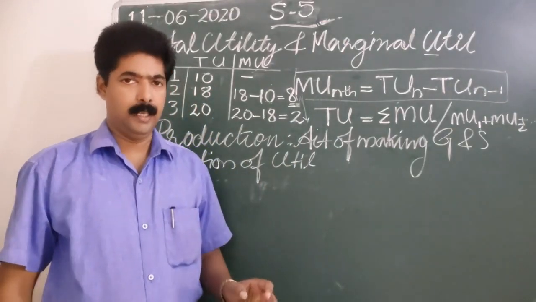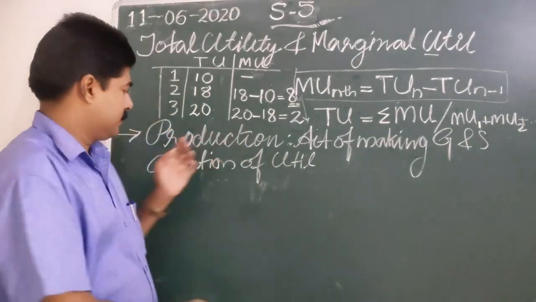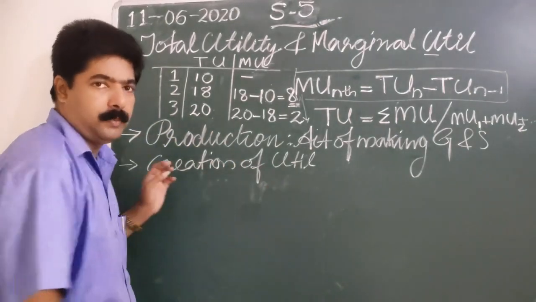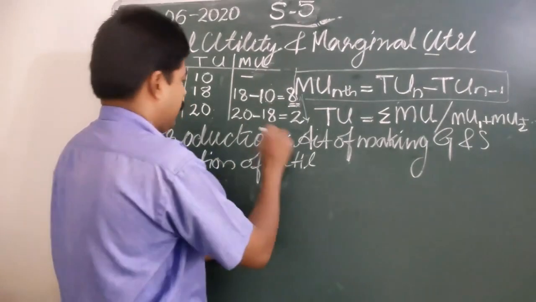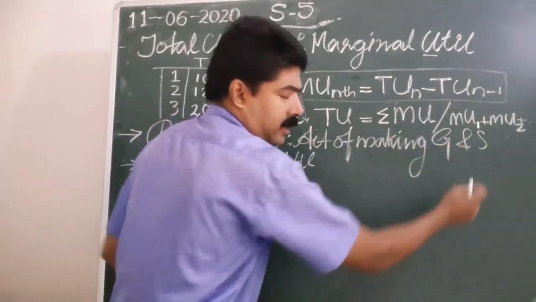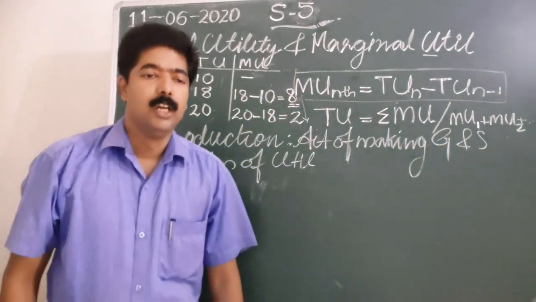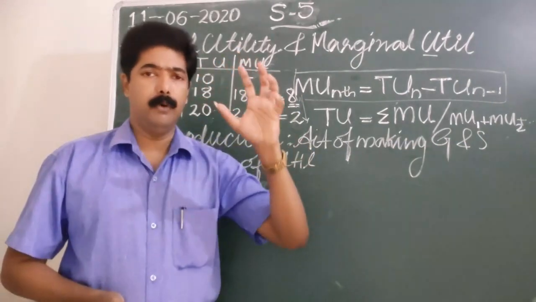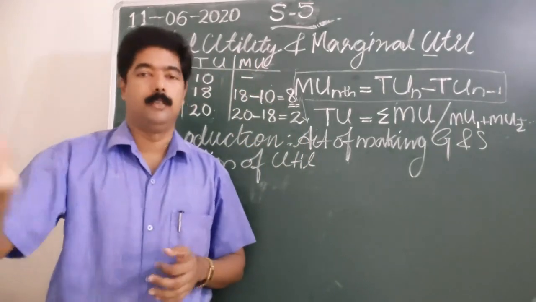So production can be defined in two ways. In a simple sense, creation of utility is called production, or the act of making goods and services is called production, or else we can say transformation of inputs into output.